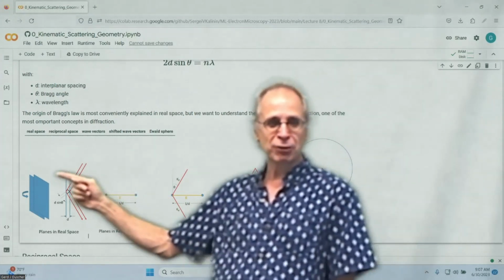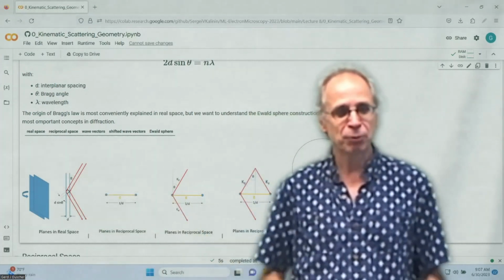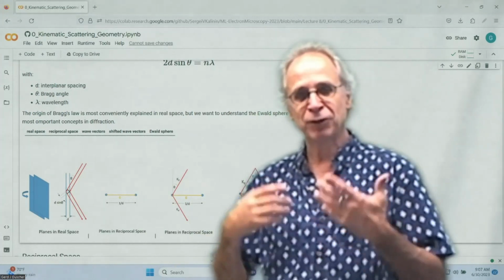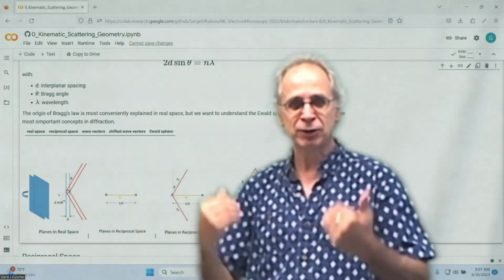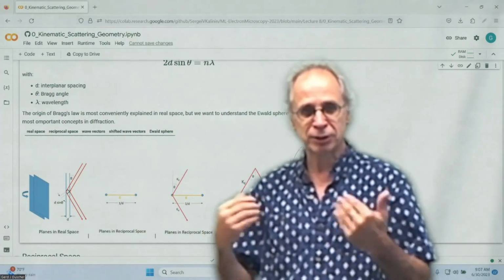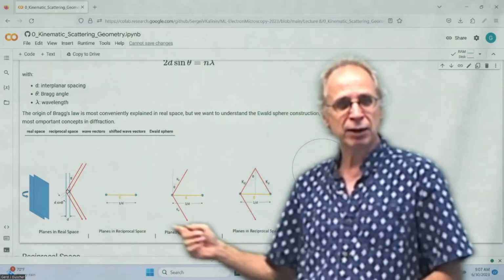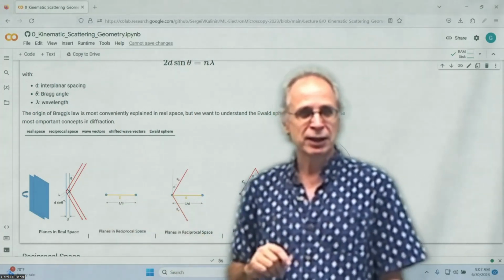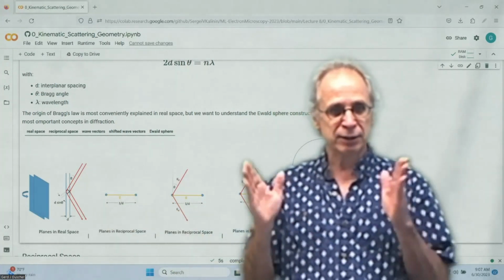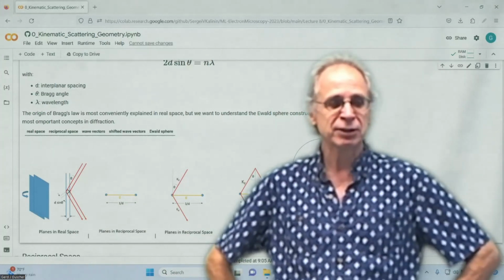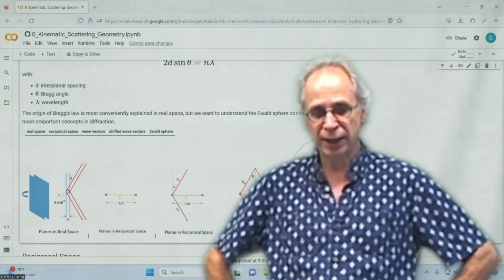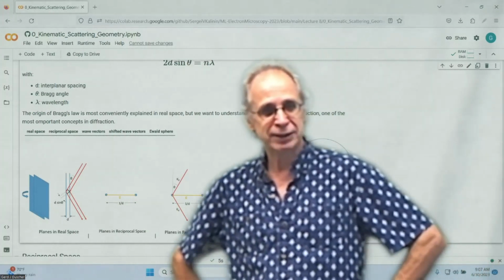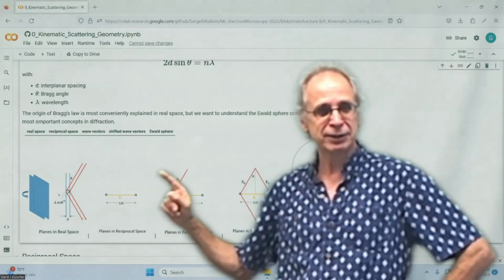So this is the real space, and in real space we talk about scattering. If we talk about waves, we call it diffraction. And in reciprocal space, we have a reciprocal lattice vector that is related to the distance of these planes we are scattering on, or in our case now diffract, right?